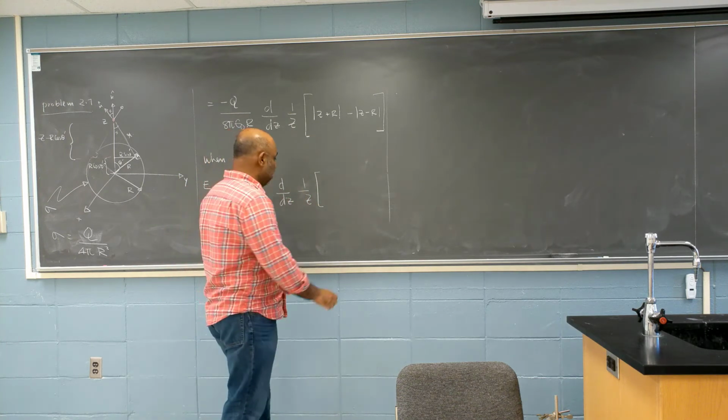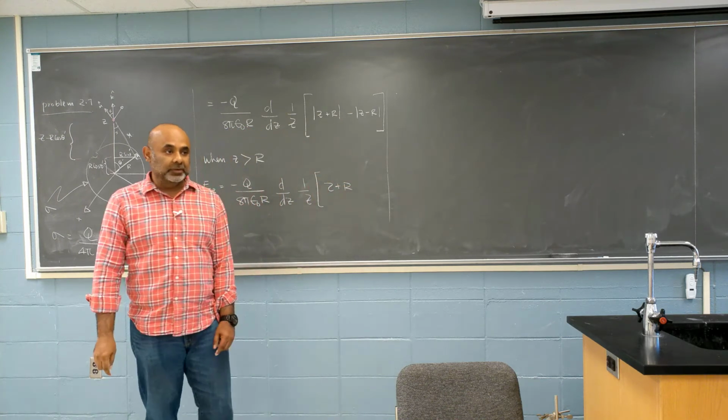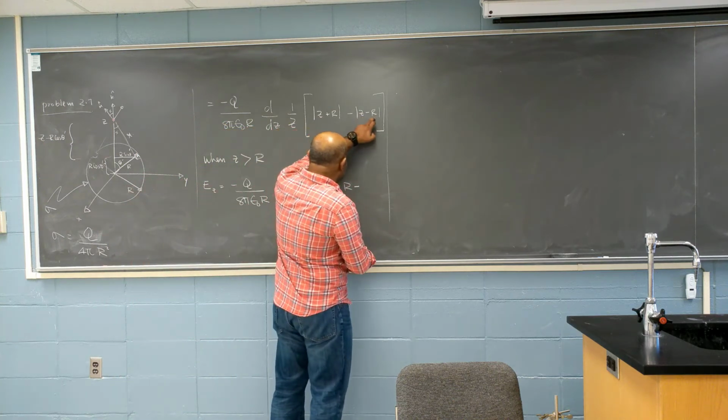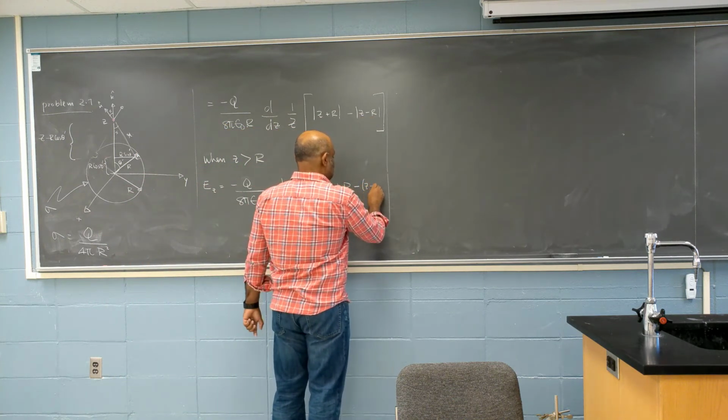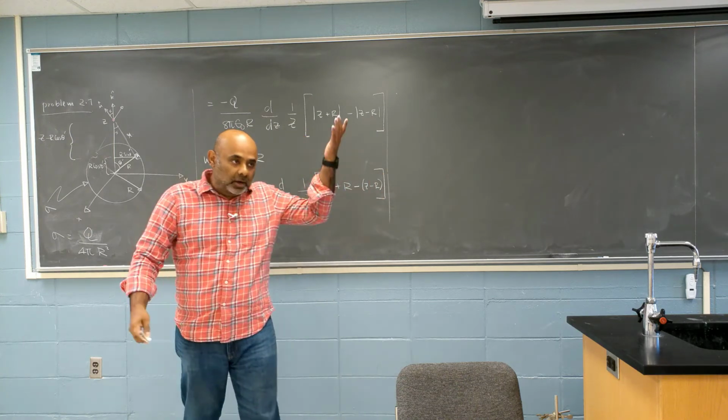Z is greater than R, so as far as I can tell, that's a positive number. So Z minus R is a positive number.